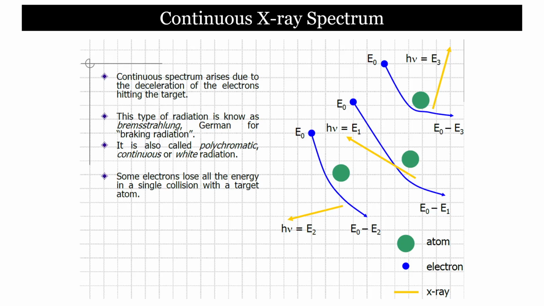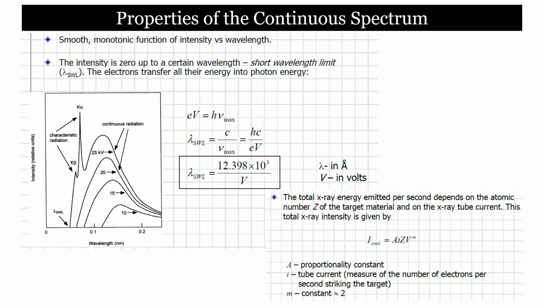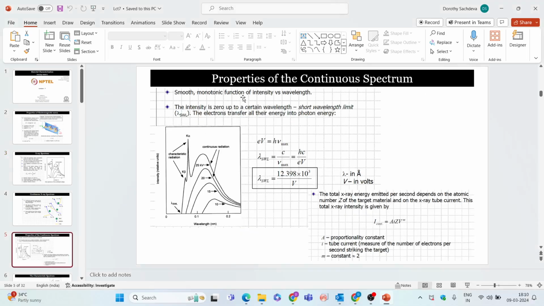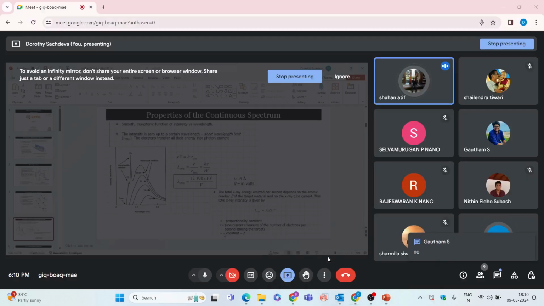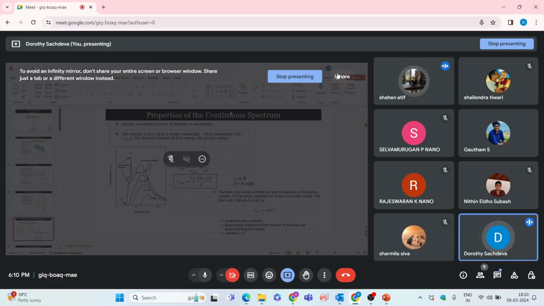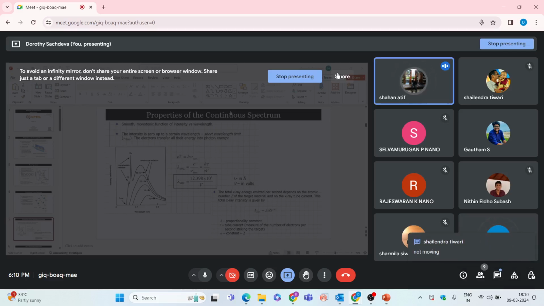Right now I am changing the slides. Okay, then this is happening for the first time. I guess there is some network issue from my side. Then I'll just rejoin the meeting. Just give me a minute.